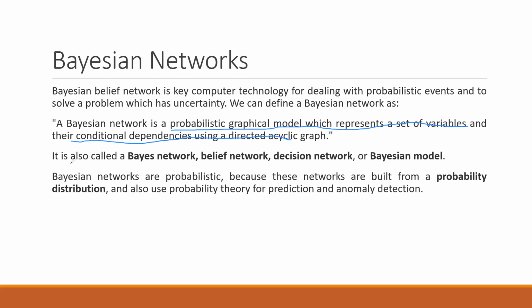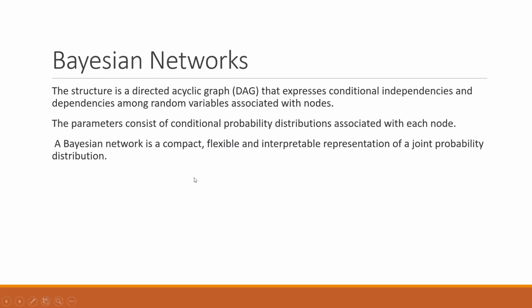These networks are also known as Bayes networks, belief networks, decision networks, or Bayesian models. They are probabilistic because there is a probability distribution; we have to calculate the current value on the basis of the previous value only. In the next slide, we'll see how these Bayesian networks are drawn in machine learning.